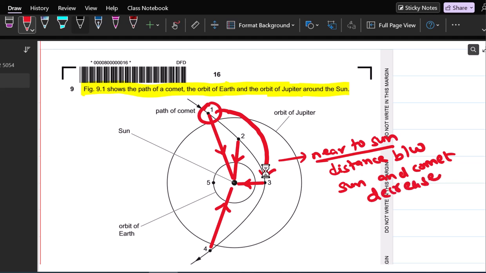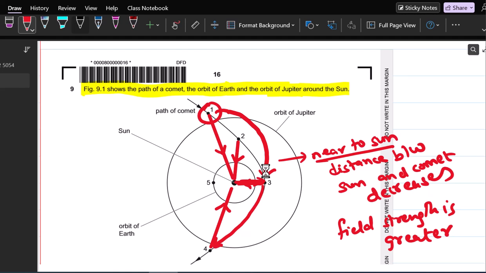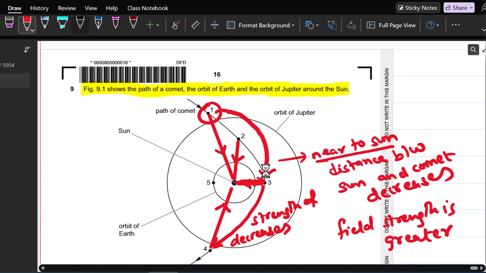You can see that this distance is smaller, so field strength is greater. When it moves from here to position 4, field strength decreases, strength of force decreases, and the distance between the Sun and the comet increases. So they are inversely proportional to each other.